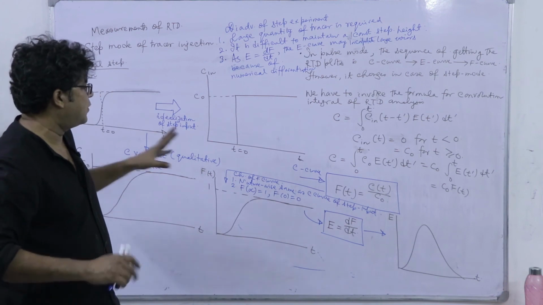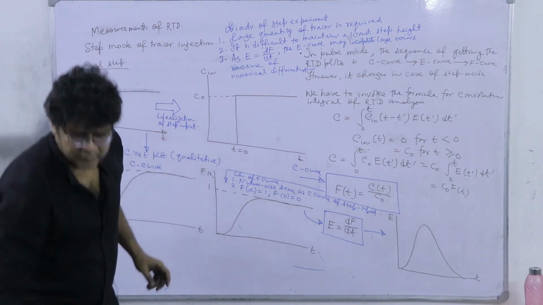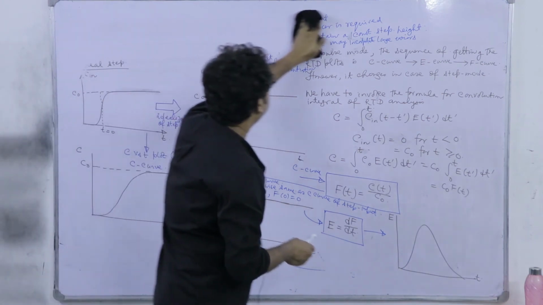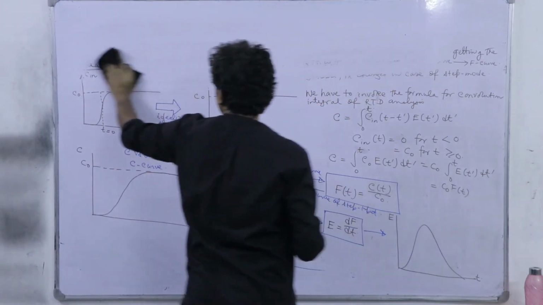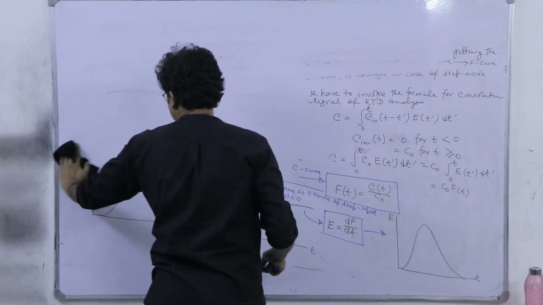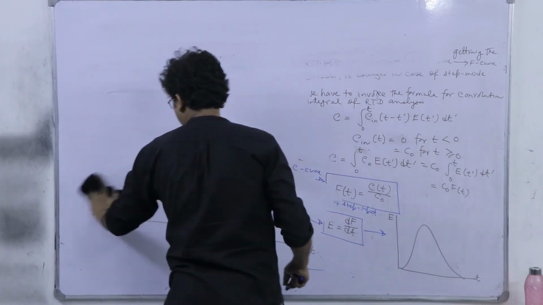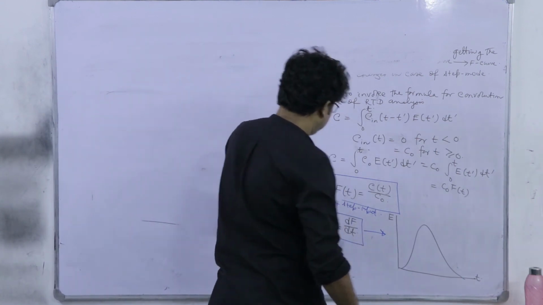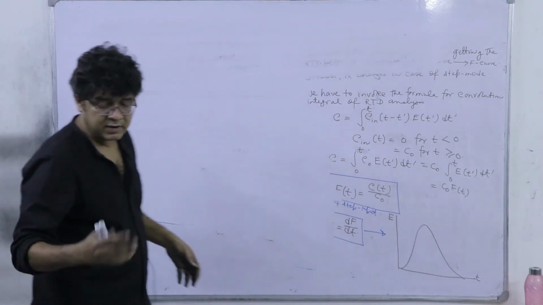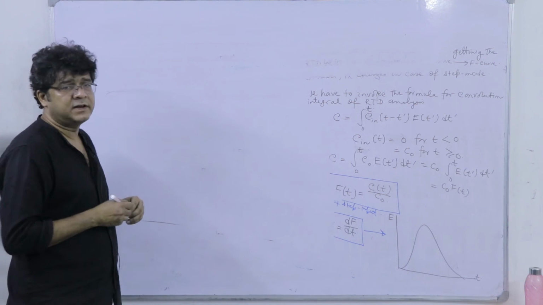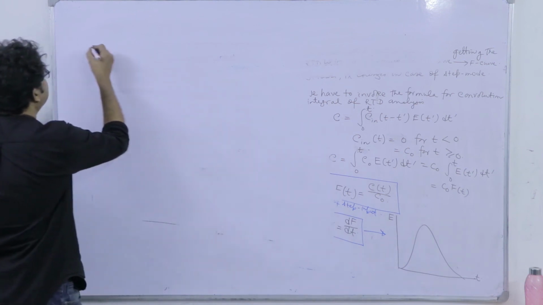And just before we stop this session, I would like to mention how to represent this RTD data. We can represent it in the form of this E curve, right? Finally the outcome is the E curve, because the standard probability distribution is the important information about the residence time.